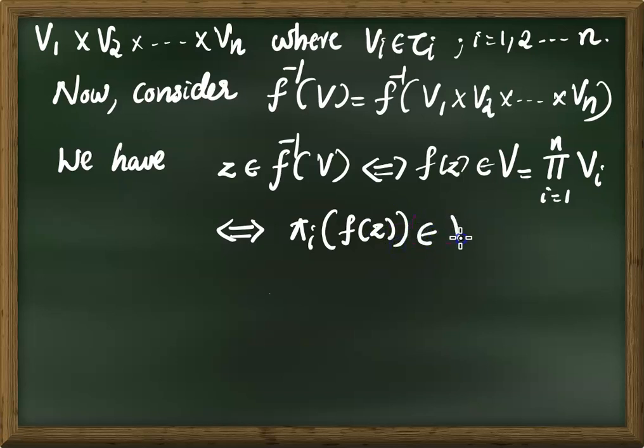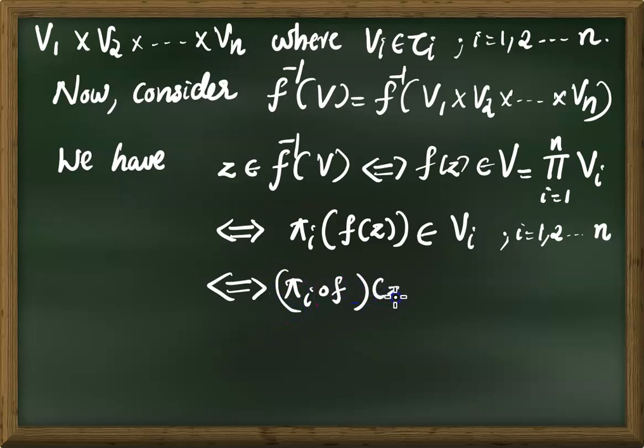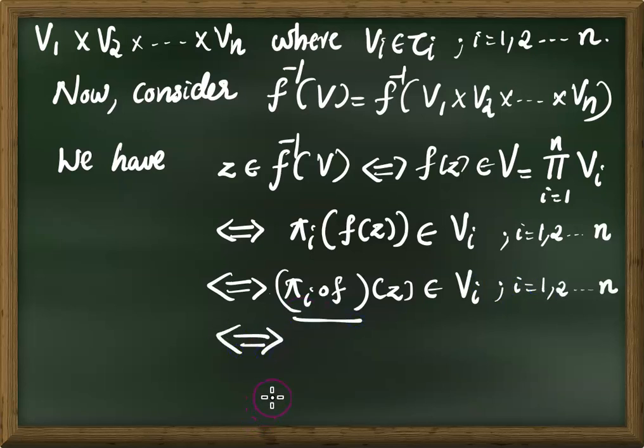It must belong to V_i for each i, which can be expressed as pi_i composition f of z, and it must belong to V_i for each i. And we have denoted this function pi_i composition f as f_i for convenience. So we can write f_i of z belongs to V_i for each i.